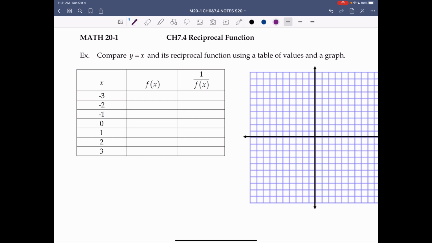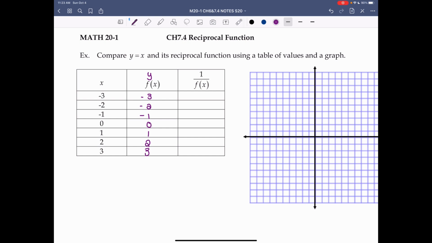Let's fill in the table of values for the function y equals f of x. So we have the x values in the left column, and then the y values in the middle column. In this case, y equals x, so it's just going to be the same as our x values: -3, -2, -1, 0, 1, 2, and 3. Let's plot these points for f of x on the grid.